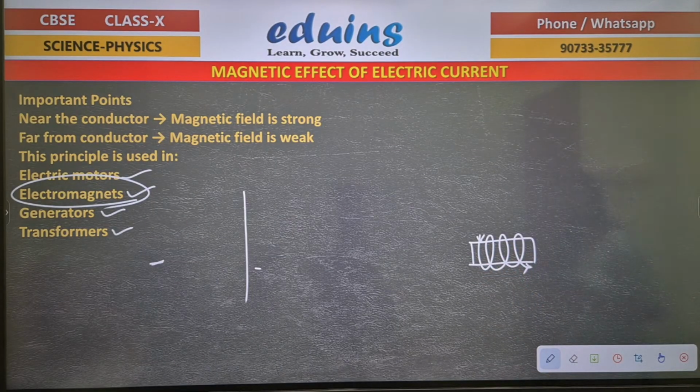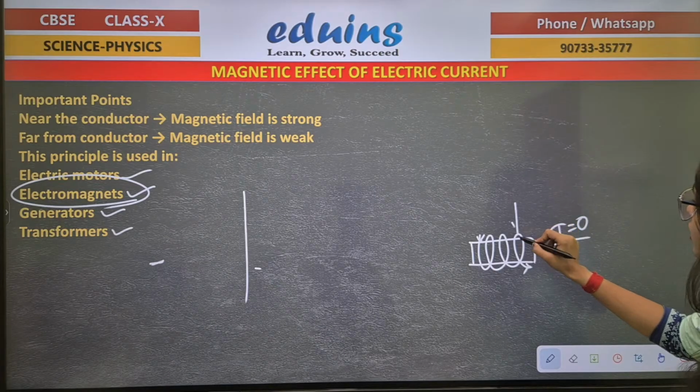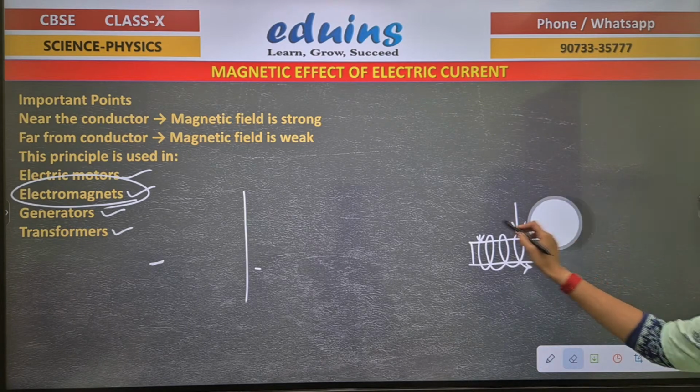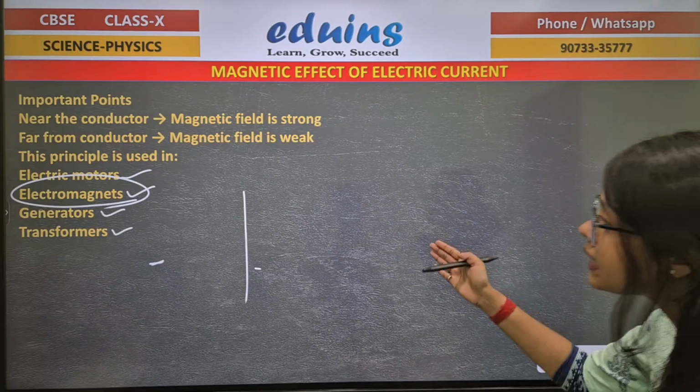This is an electromagnet, and when I is 0, it is going to be demagnetized. So for an electromagnet, there must be the presence of current. Okay, so that is the electromagnets, and also the generators work on this principle.